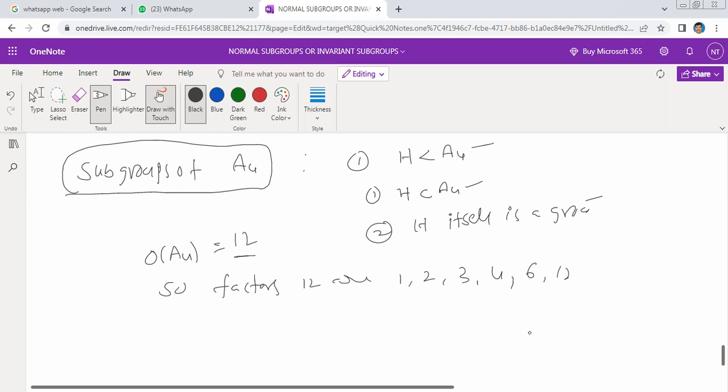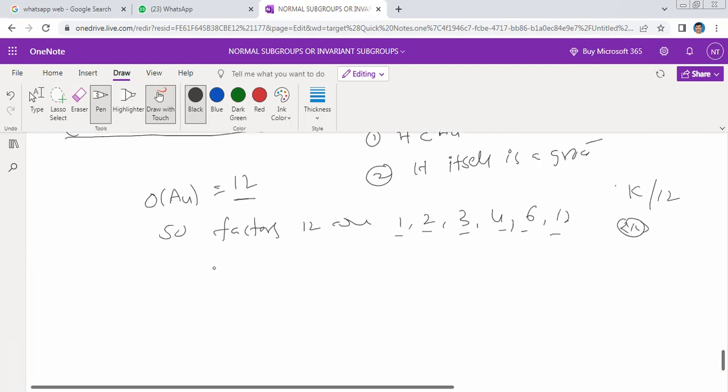Now I want to calculate subgroups of order 1, 2, 3, 4, 6, 12. Since K divides 12, let us see which subgroups are possible.